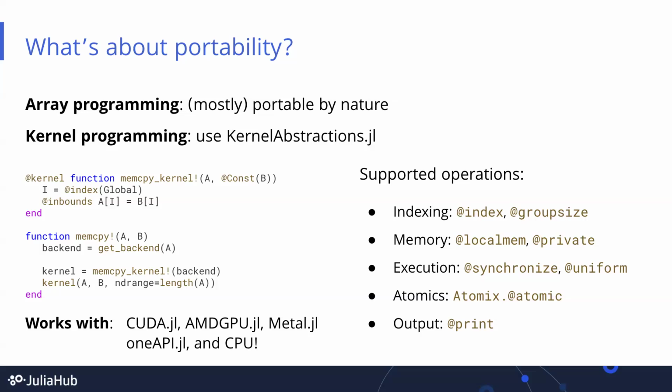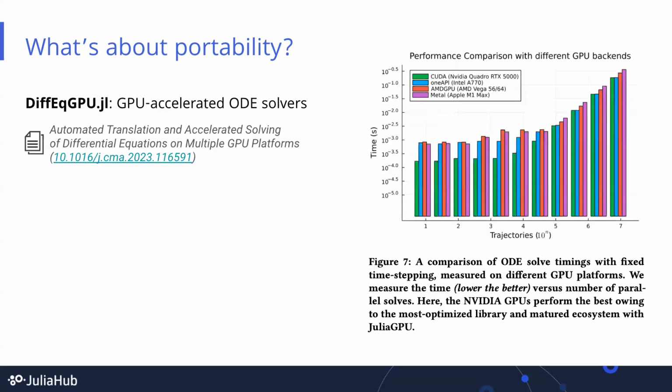So again, all of this shows that there is a very straightforward mapping between these kernel abstractions and what the backend exposes, making it possible to write kernels that can almost trivially get compiled down to whatever backend you're using. And this makes it possible for KernelAbstractions to perform very well too.